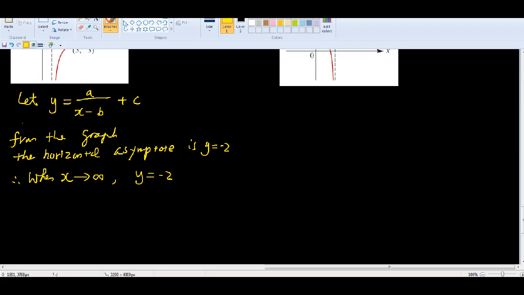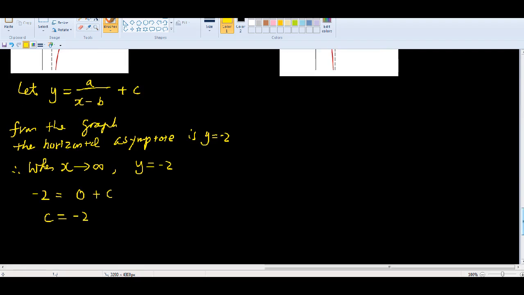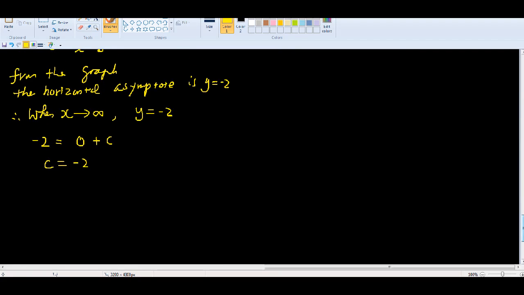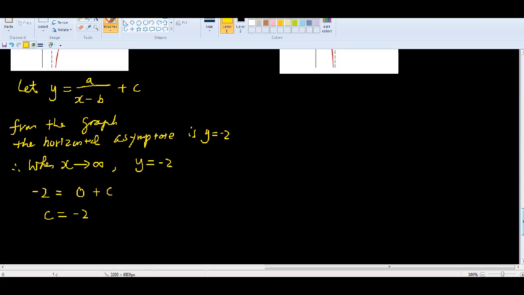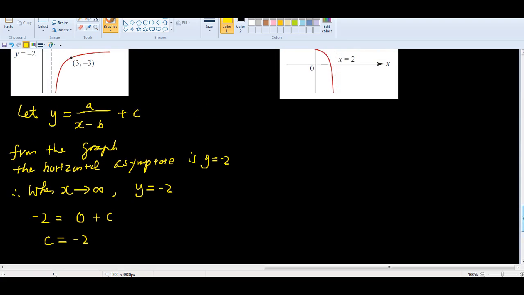So that means you will have minus 2 equals 0 plus c. Okay, so that means c equals minus 2. So that's how we find the value of c.